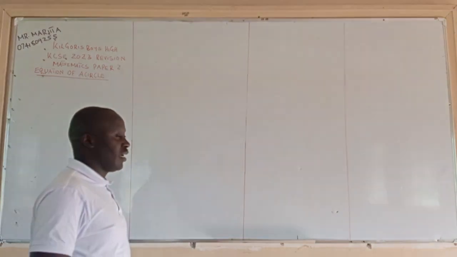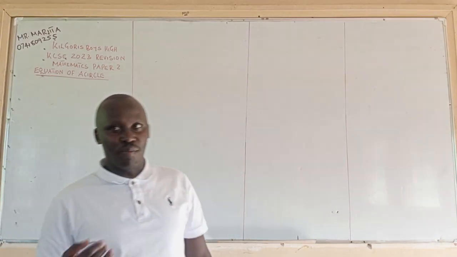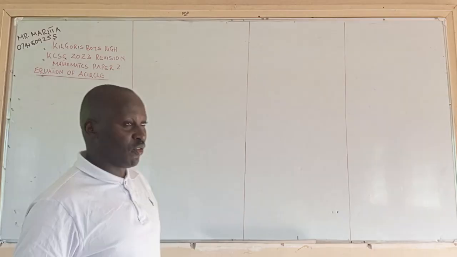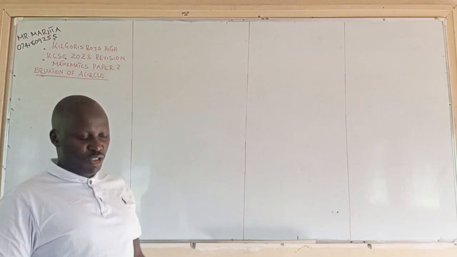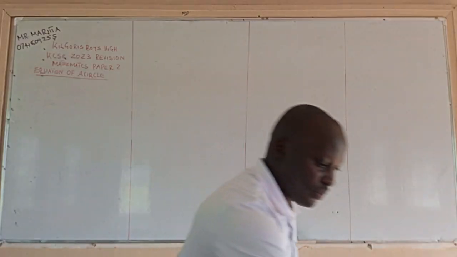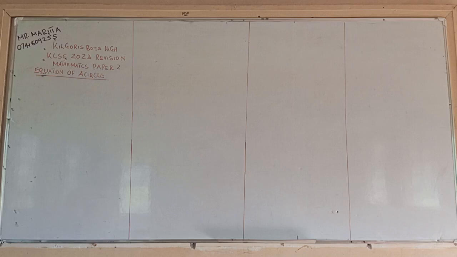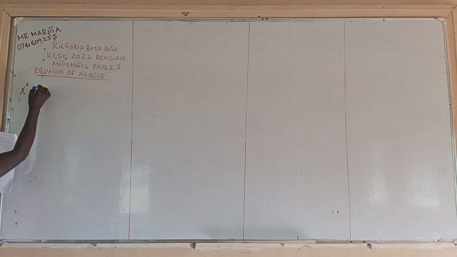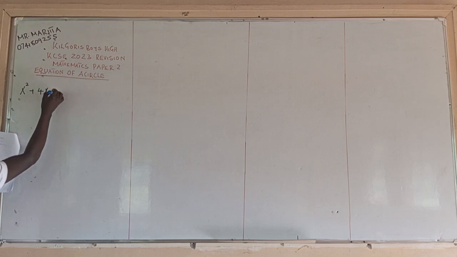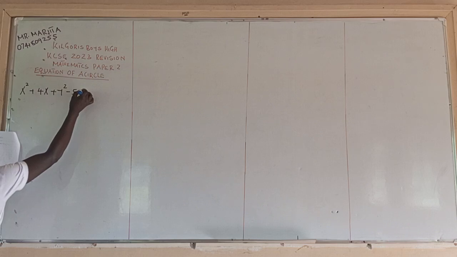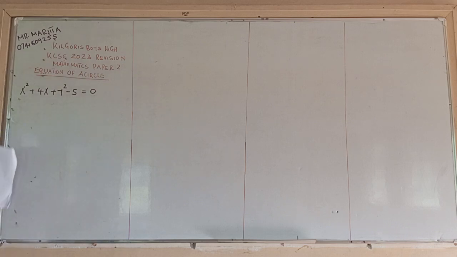Today we are looking at KCSE revision mathematics paper 2, and our topic today is from Form 3 work, that is the equation of a circle. You might be given the equation of a circle, x squared plus 4x plus y squared minus 5 is equivalent to 0.